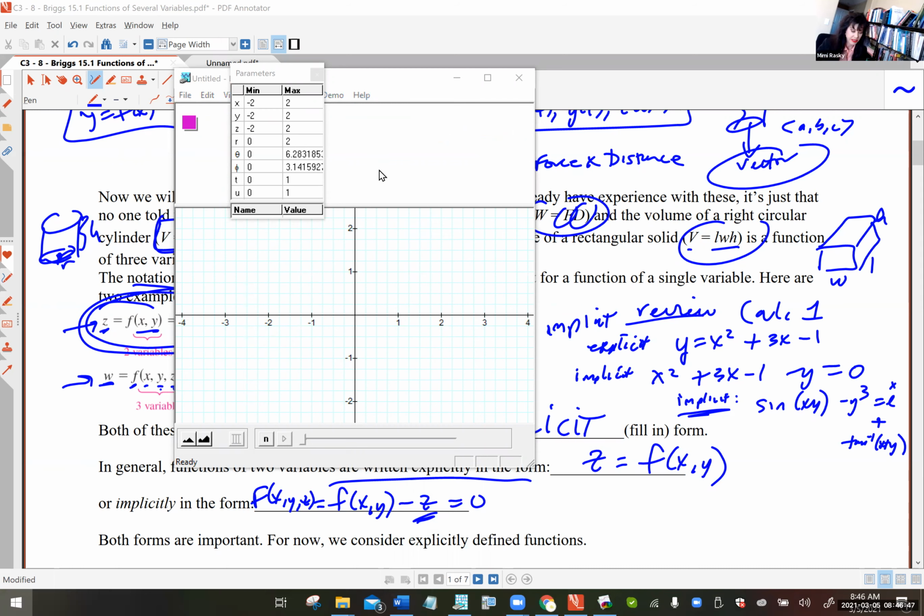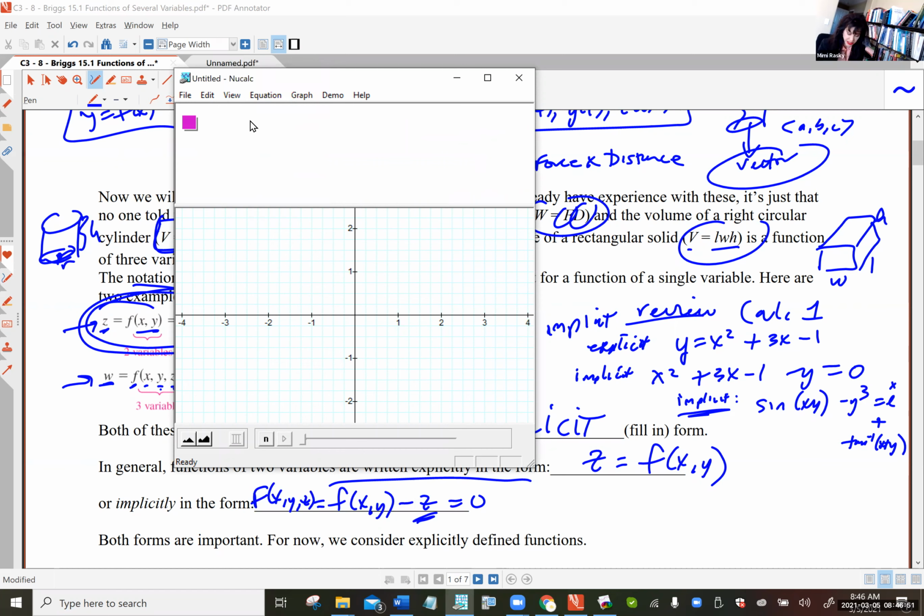I don't want to graph anything here. So this is a nice grapher where I can graph explicit functions of x, okay, fine. But I can also graph implicit functions of x.